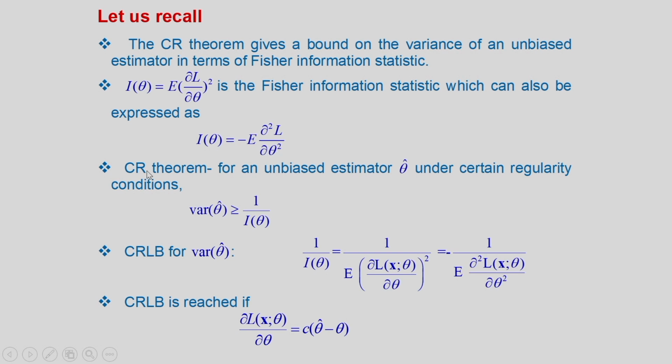Cramer theorem: for an unbiased estimator theta hat, under certain regularity conditions, the variance of theta hat is greater than or equal to 1 by I(theta). So, this is the statement of the Cramer theorem.